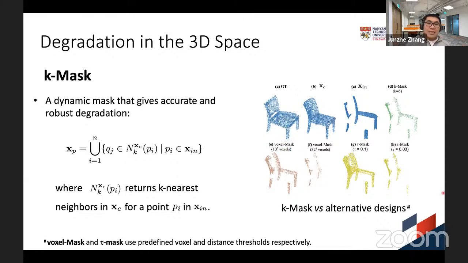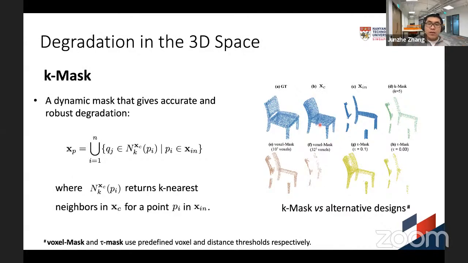It seems the accuracy and robustness trade-off still exists. And how can we achieve both the accuracy and robustness, as well as the dynamic property, because we need to keep the mask active and updating while we change the XC, right?